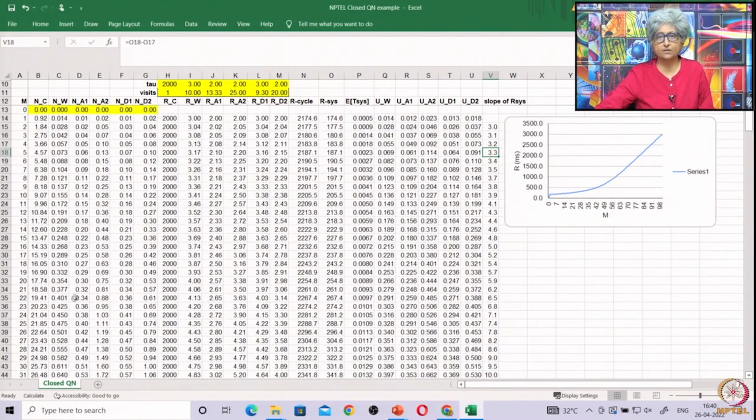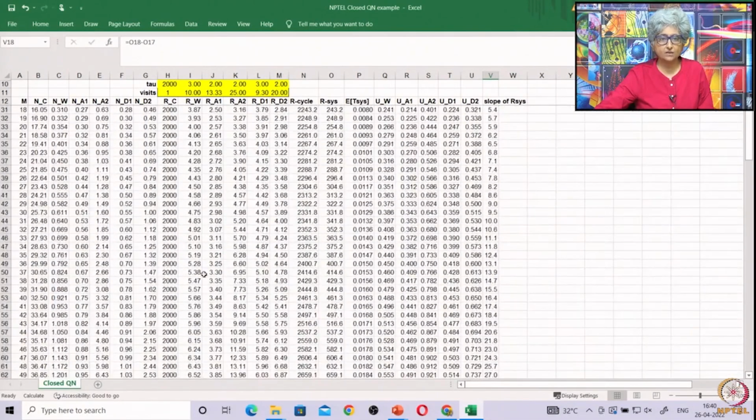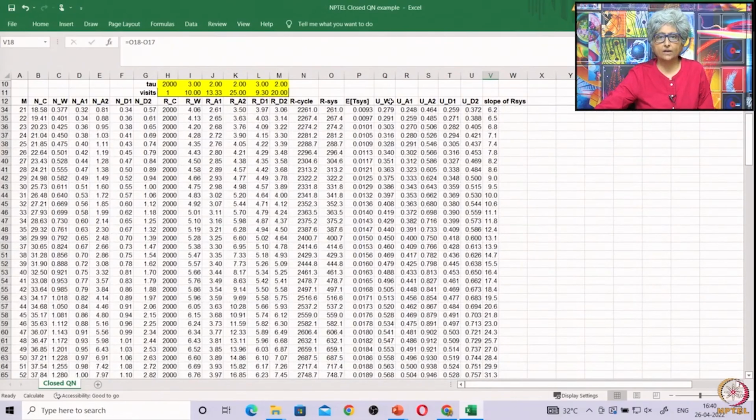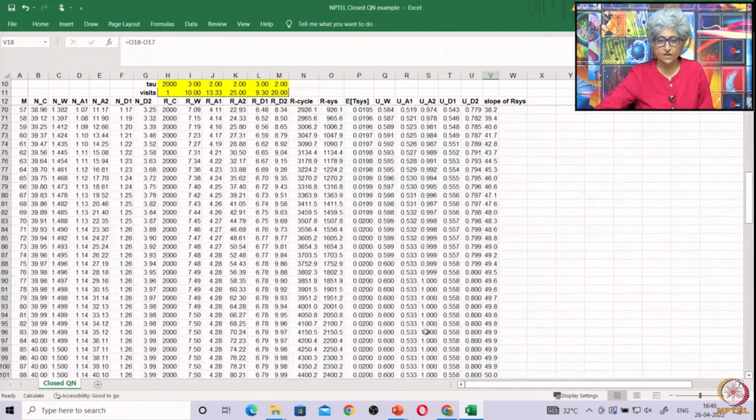that this is the way MVA has to be done. You either write a program, like a C program or Python, or you can do it in a spreadsheet. It cannot be done by hand. If we continue this iteration, let us see what is happening to the utilizations. We expect that the utilization of the bottleneck server should reach 1 first, and that is exactly what happens.